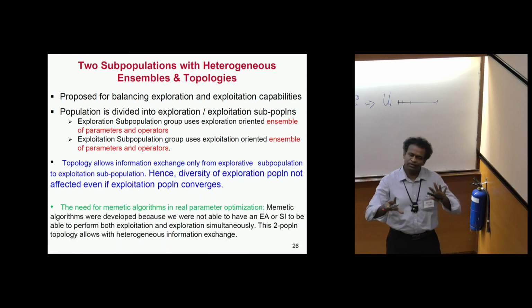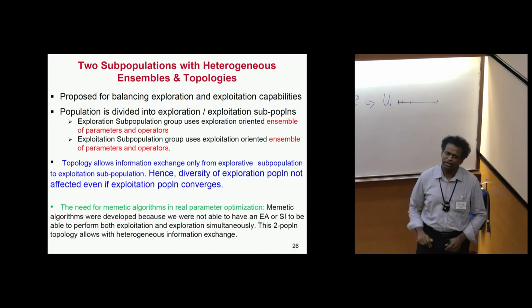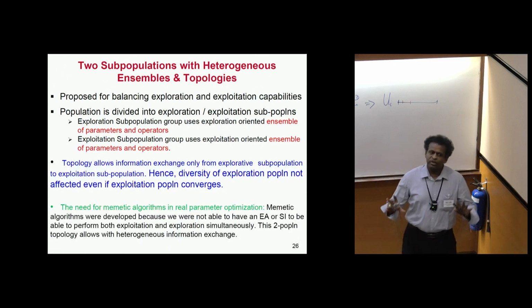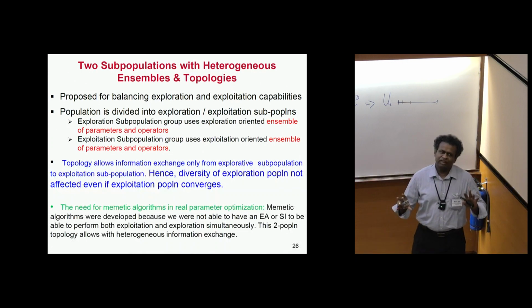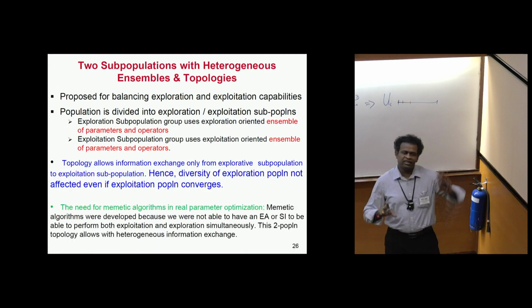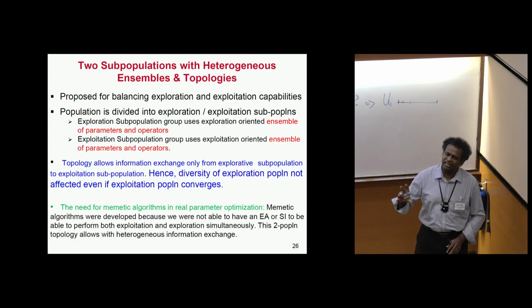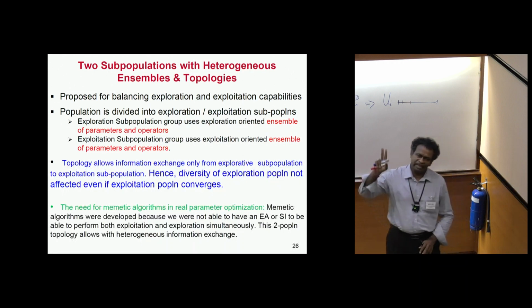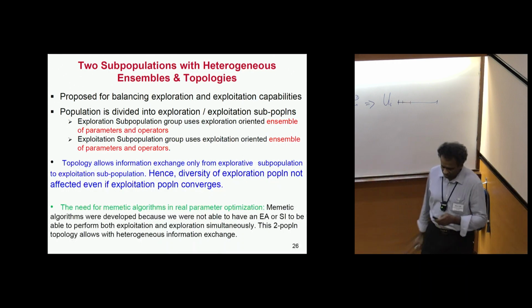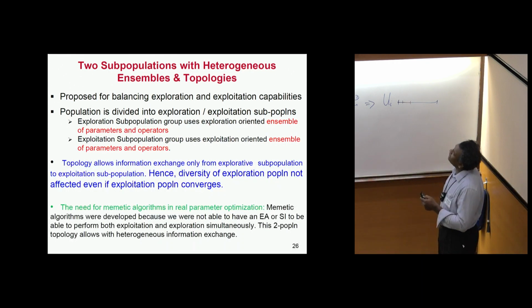One is specifically doing exploration, the other one is doing exploitation. You can select the operators and parameters in such a way to increase exploration in one subpopulation, and in another subpopulation we select operators and parameters to increase the exploitation. So how the topology is coming in here, heterogeneous topology.